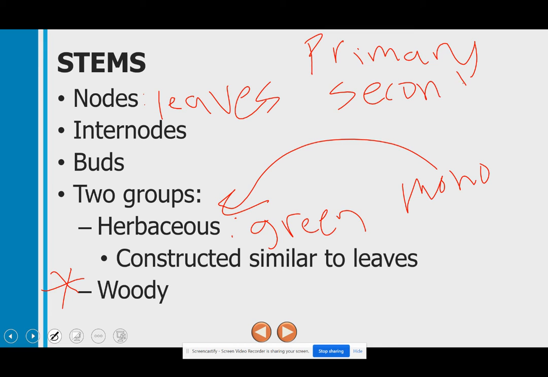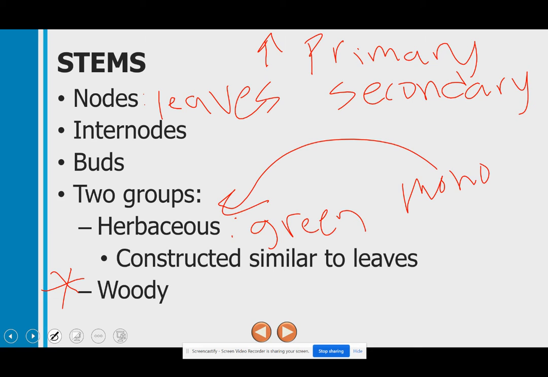And you need to know the difference between these two. So primary growth is going to be an increase in length. Primary growth is the upward growth. And so you see that within the herbaceous stems, you see them undergoing this primary growth, getting taller.